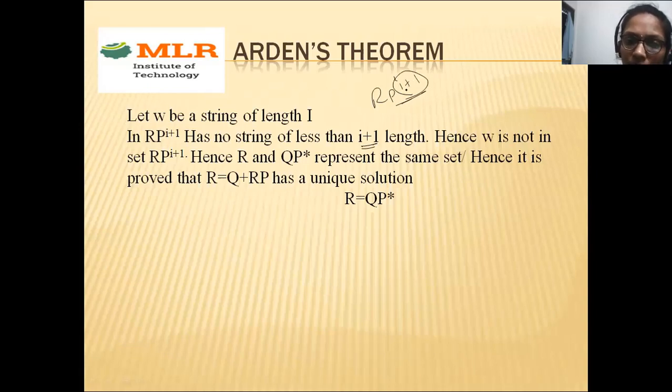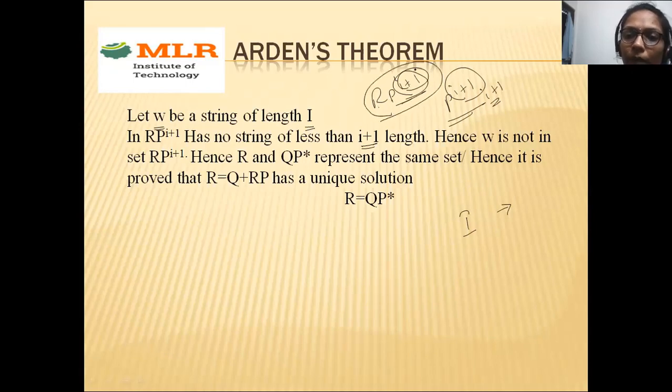P power I plus 1 means the length will obviously be more than I plus 1, but I'm taking the string length W as only I. Here the power itself is I plus 1. That means you should not consider R into P power I plus 1 if you are taking only I-length strings.